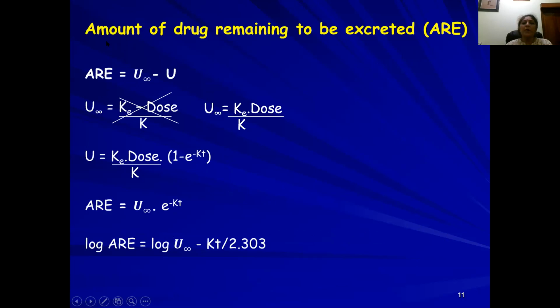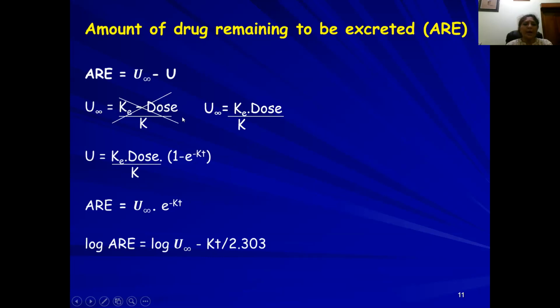Now the third plot is amount of drug remaining to be excreted versus time. So what is ARE? ARE is equal to U infinity minus U. Now U infinity is equal to Ke into dose divided by K, and U is equal to Ke into dose divided by K into 1 minus e to the power of minus Kt.